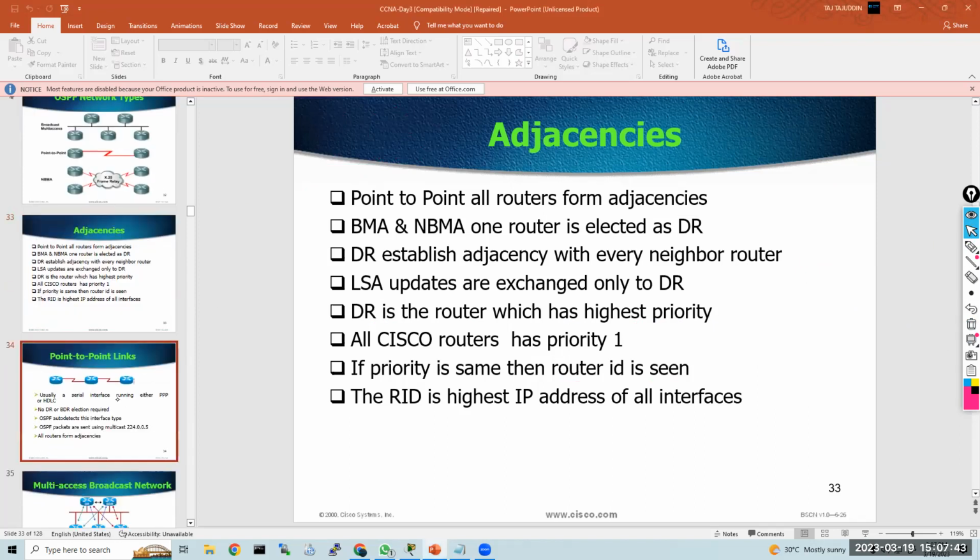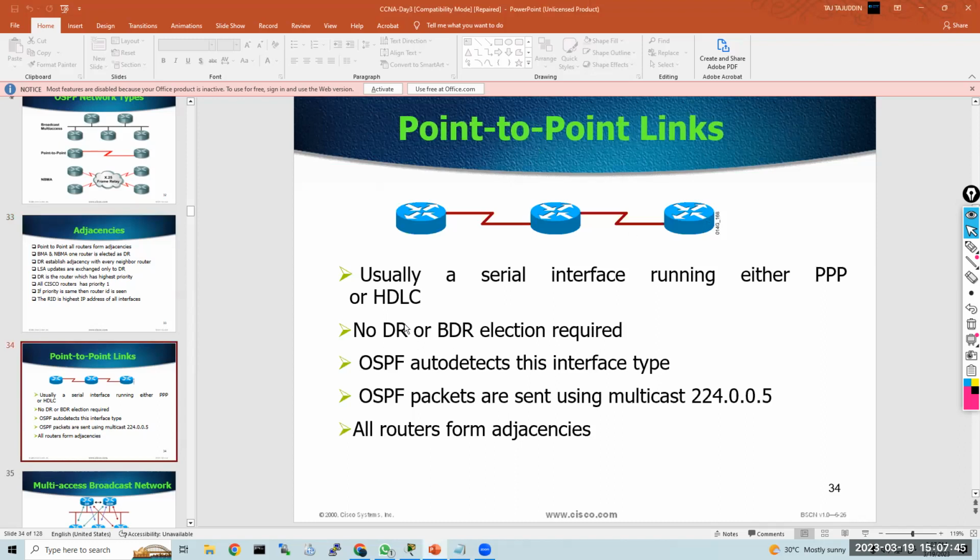Okay, so now he's talking about the point-to-point link. If directly connected, guys, there is no DR-BDR election required. Please remember this, this point is very important to understand. OSPF auto detects the interface type.